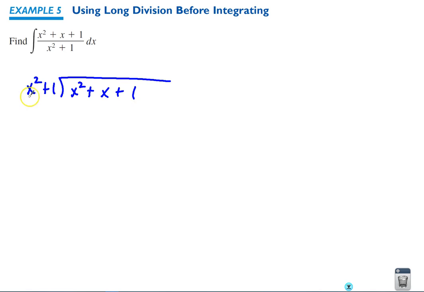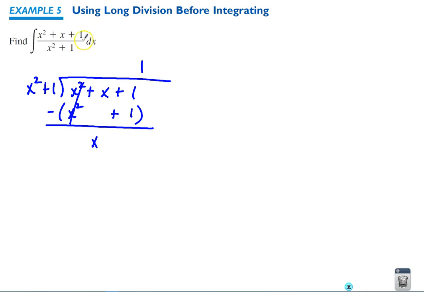Okay, so x squared goes into x squared one time. So then I multiply the 1 by both of these terms. So x squared plus 1, and I'm going to subtract. And then these two things cancel out. The x comes back down. The 1 minus 1 cancels out. So x is all that I have left.